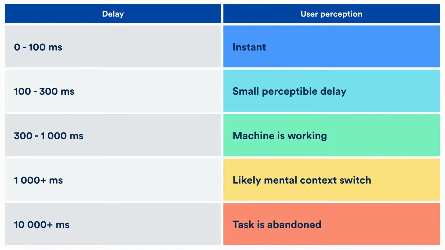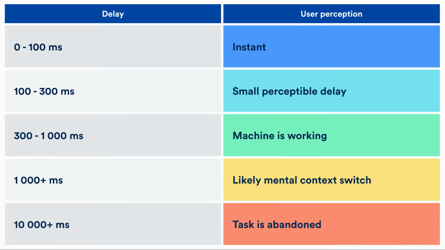But when you go over 300 milliseconds, they will start noticing that the computer is working or thinking about something. If you go over a second, they will most likely start thinking about something else than the task they attempted. And finally, if you go over 10 seconds, they will often start refreshing the tab, trying another approach, or give up on the task completely.